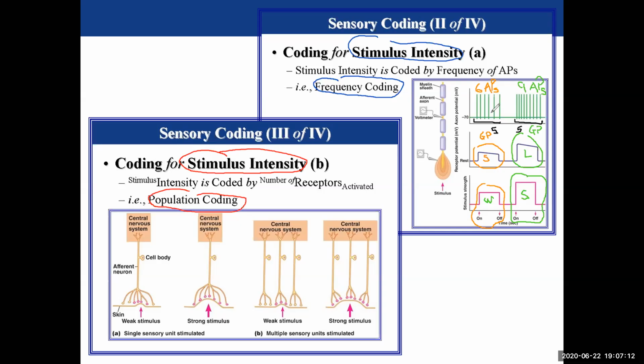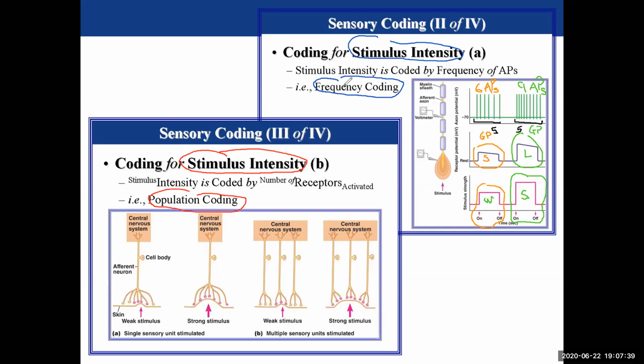So when you compare, you have to compare apples to apples. So you need to compare time units that are similar. You cannot compare per second with per minute, obviously, right? So that's what I mean by that. So frequency coding is the exact number of action potentials being produced at the trigger zone per unit time.